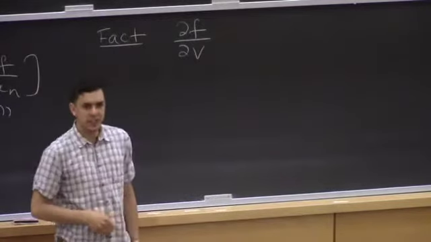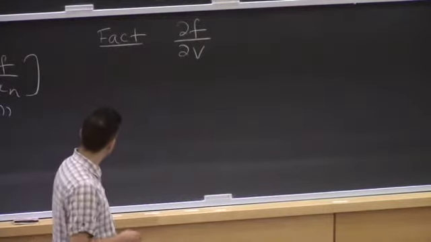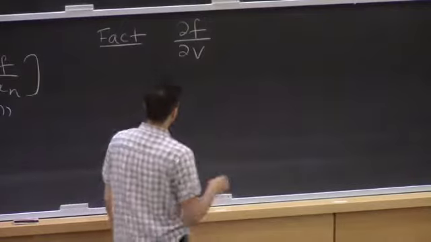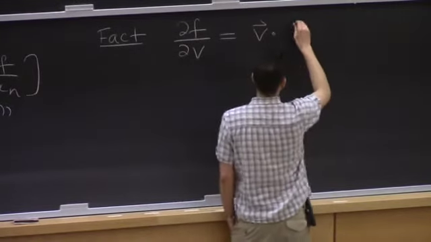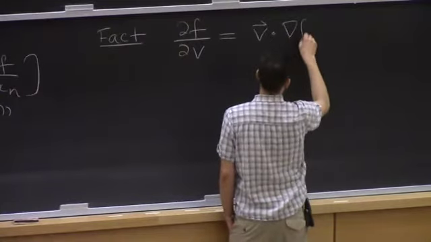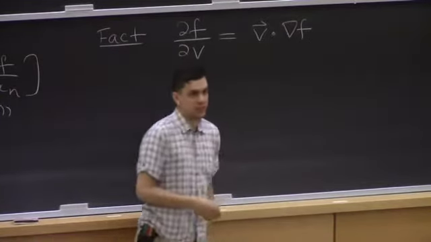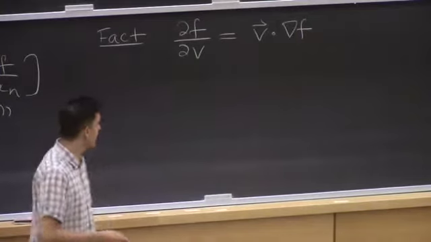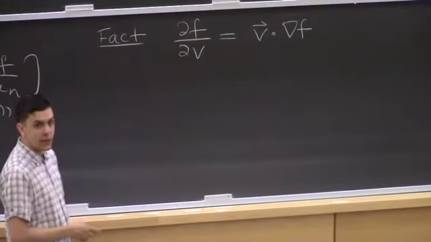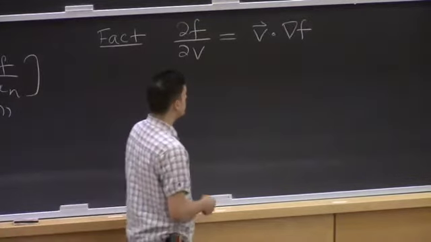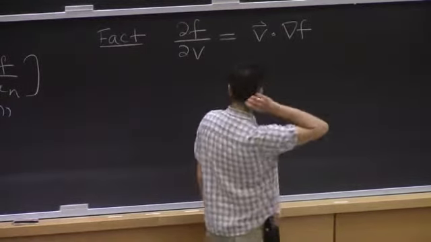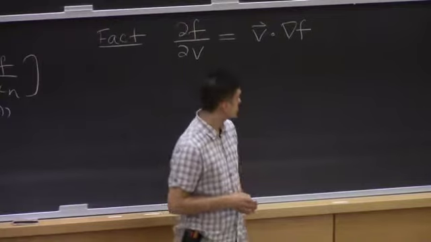The main thing that it does is the following. Okay, if we take the directional derivative in direction v, that is equal to the inner product of v with the gradient. Okay, so any directional derivative we can get by combining the components of the gradient. How do we go about proving this? Why is this true?